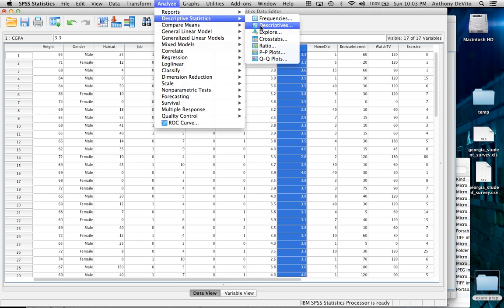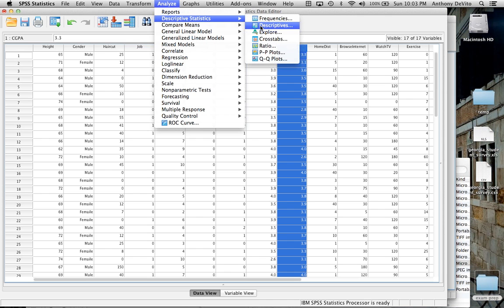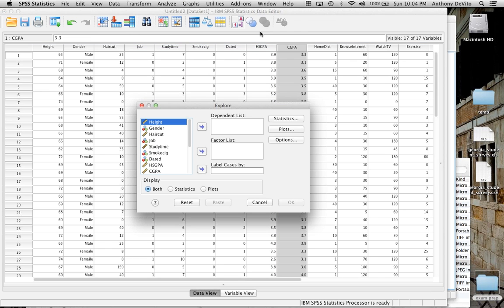For instance, if I use descriptives for college grade point average, I can only look at mean, median, mode, and standard deviation for all students. Explore lets me look at it for all students, or if I want, it also lets me break it up into groups like males or females, or students that are working or not working, and so on and so forth. So I'm going to go into Explore instead.